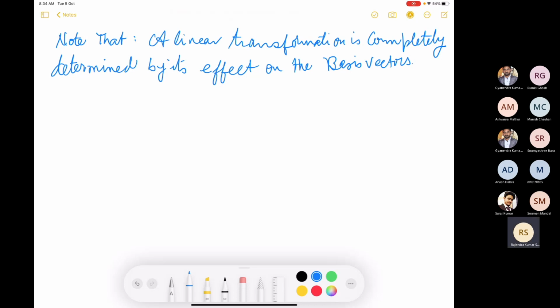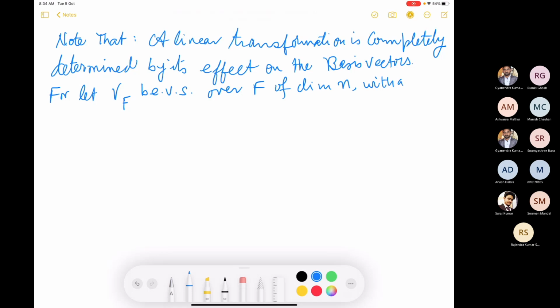Let V over F be a vector space over F of, let us say, dimension n with a basis.